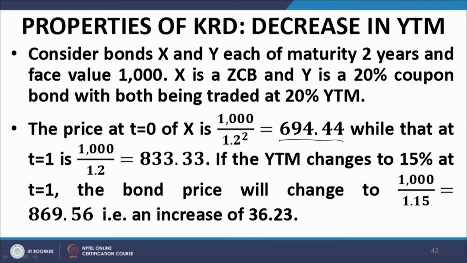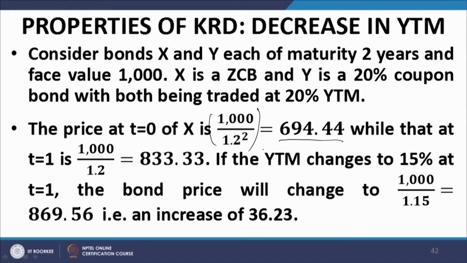Let me repeat, the 0 coupon bond has a redemption value of 1000, it is trading at a YTM of 20%. So, it is quite natural that the current market price will be given by this expression, and this expression when solved gives us 694.44. The price of the same bond at t equal to 1 year would be 1000 divided by 1.2, again because it is being traded at a YTM of 20%, and that turns out to be 833.33.